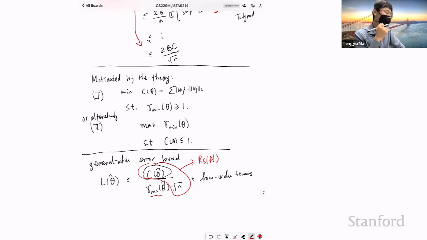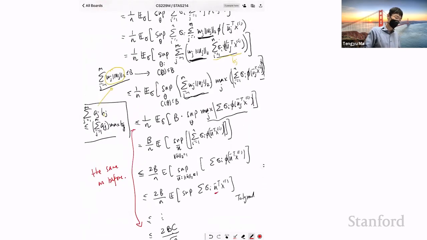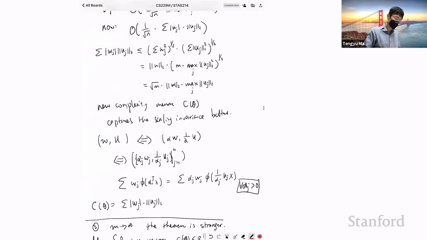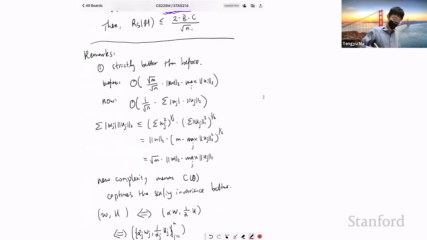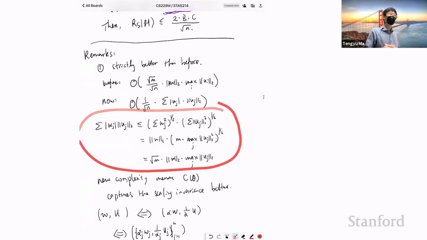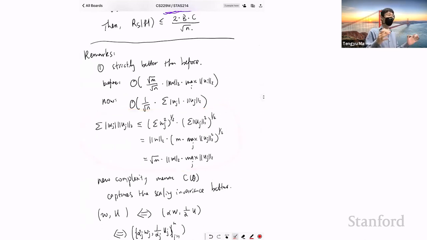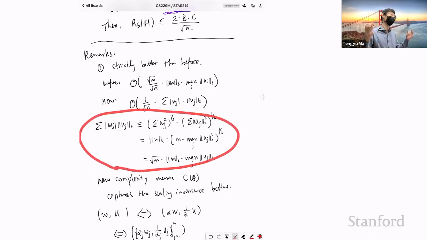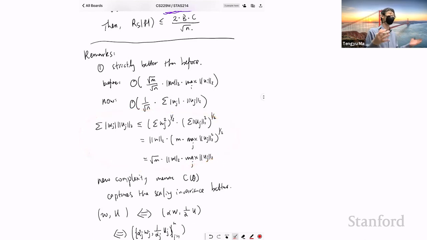But I would say we already achieved something, because the right way to think about this is that you compare these two things. In the very idealistic way, if all the WJs are the same and all the UJs are the same, then these two bounds are just the same. So then you are right. You are just changing the form of your bound and nothing really changed, right? You somehow fold the square root m somewhere.